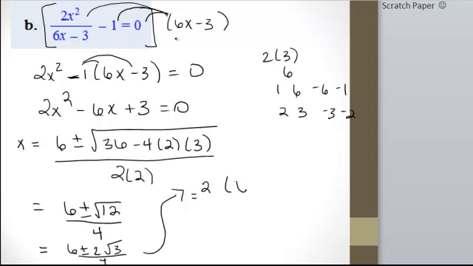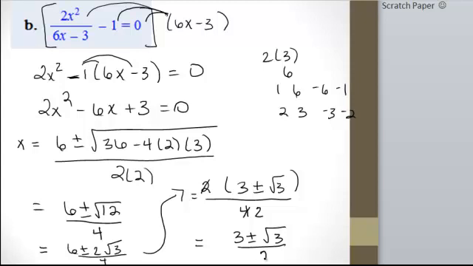That'll leave me with 3 plus or minus the square root of 3 all over 4. 2 will go into 4 2 times. So my solutions are 3 plus or minus the square root of 3 all over 2. Of course, we need to go back and check the answer to make sure it works. So don't forget to do that.